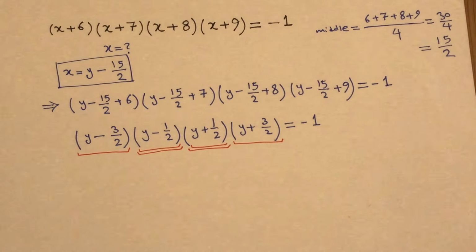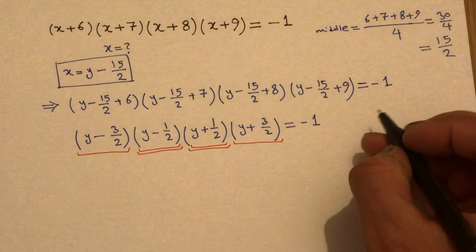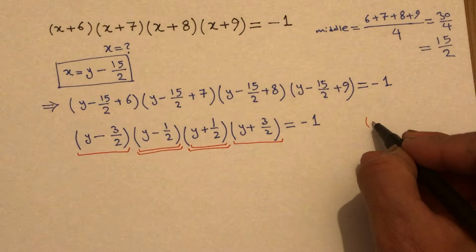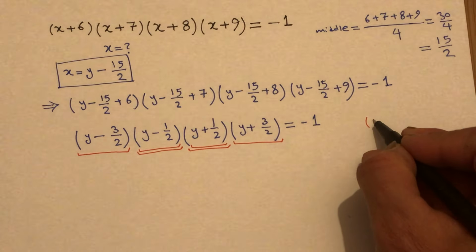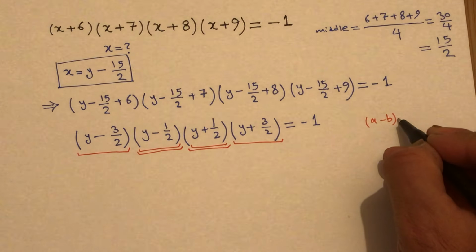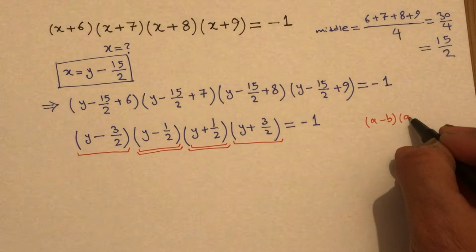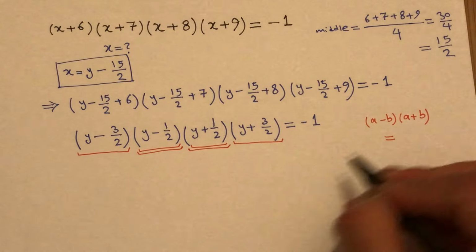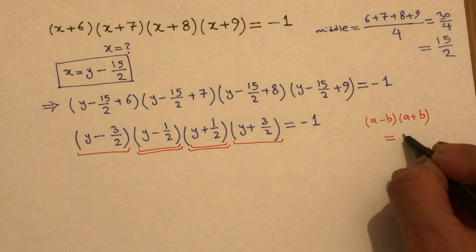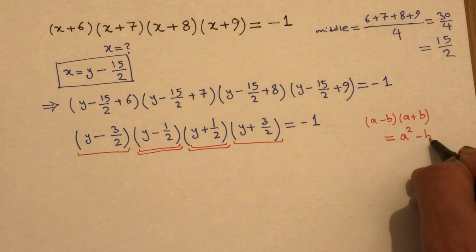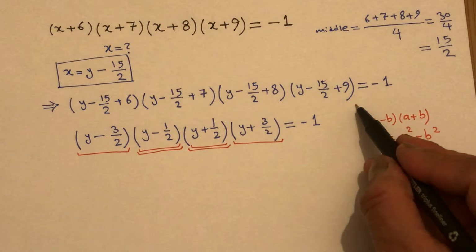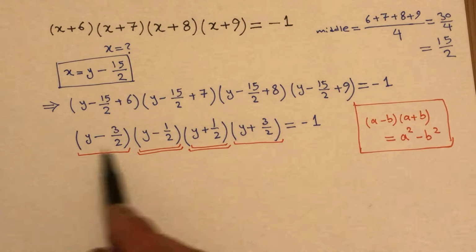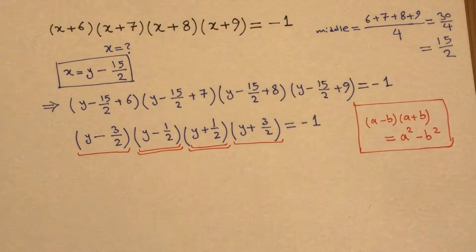Okay, you can remember from the mathematical formulas, you have an identity which I can write here: a minus b times a plus b always equals a squared minus b squared. From this formula, you can simplify these terms more.